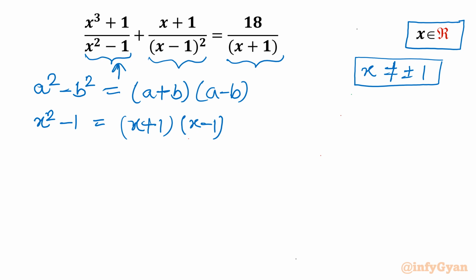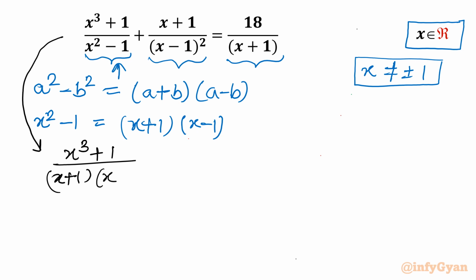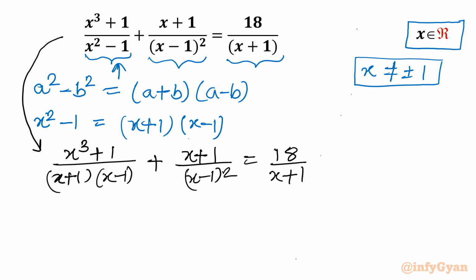So the equation will look like (x^3 + 1)/((x + 1)(x - 1)) + ((x + 1)/(x - 1))^2 = 18/(x + 1). Now I will multiply both sides by x minus 1.